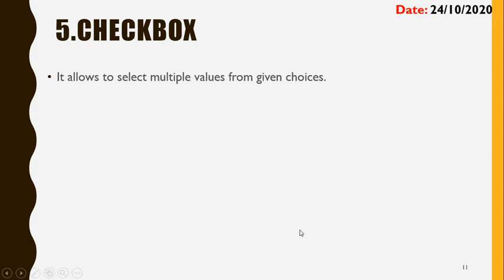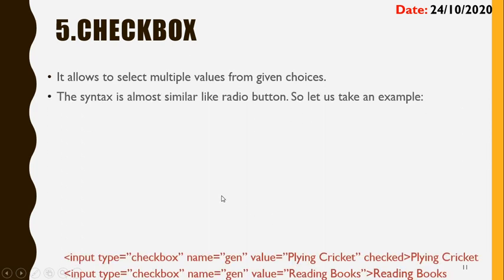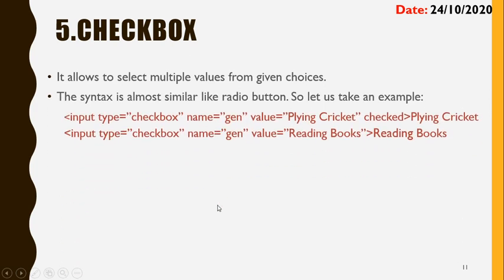And the fifth one is the checkbox. The use of the checkbox is that you can select multiple choices from the given set of values. So the syntax is like this. Look here, input type equal to checkbox, the same thing, checkbox, and the name should be the same, and the value can be different.